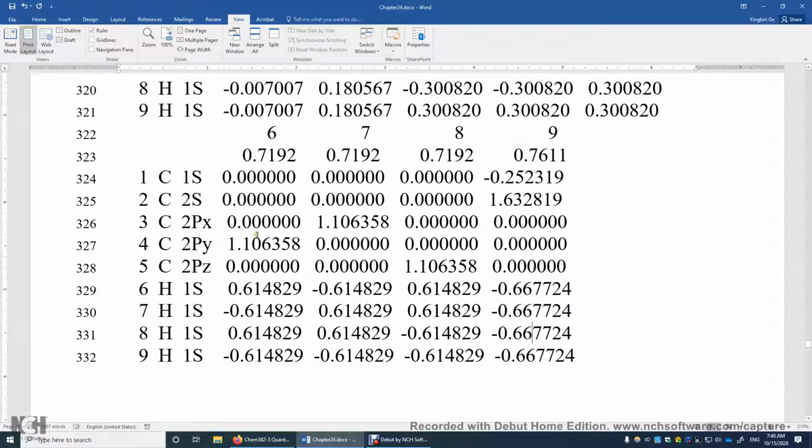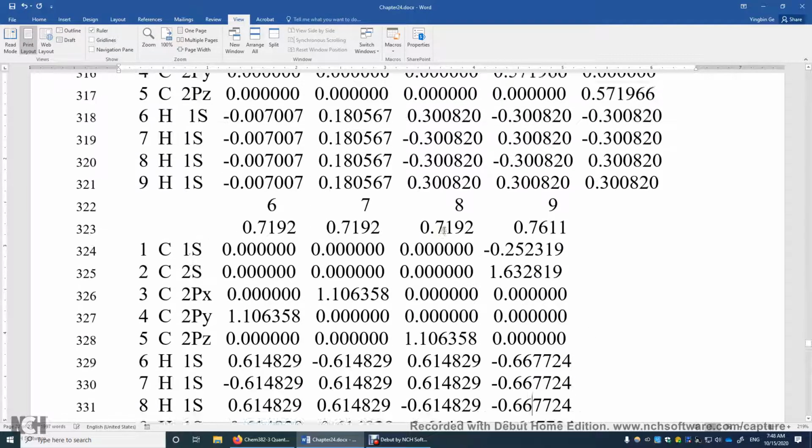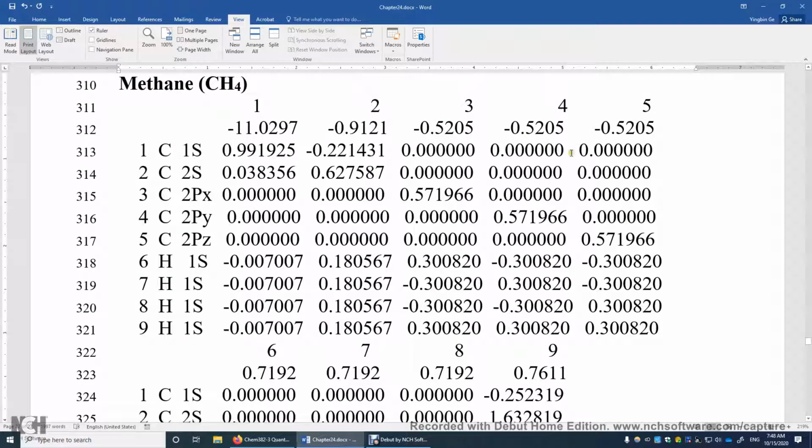So these 4 orbitals have higher energy than these 6 orbitals. That's why these 4 orbitals are unoccupied. And also pay attention to the gap between 3, 4, 5 and 6, 7, 8. If you look at the energy of molecular orbitals 3, 4, 5, it's negative 0.5 atomic unit.